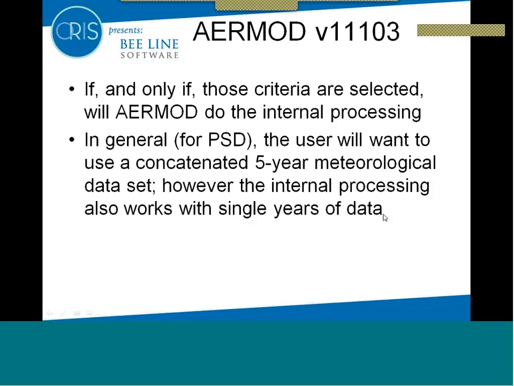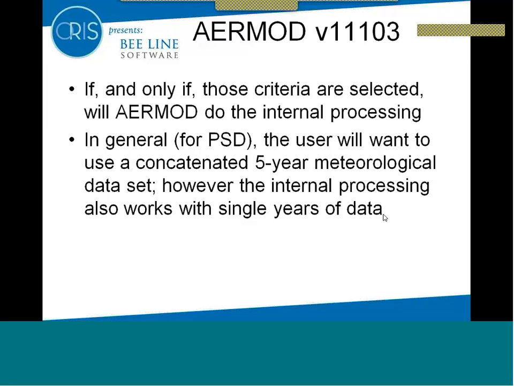Okay. Then to reiterate what I said at the start of this, if and only if you meet those criteria of specific pollutant name, specific pollutant averaging period, and the rank for each pollutant, only at that point will AERMOD do the internal processing for you.